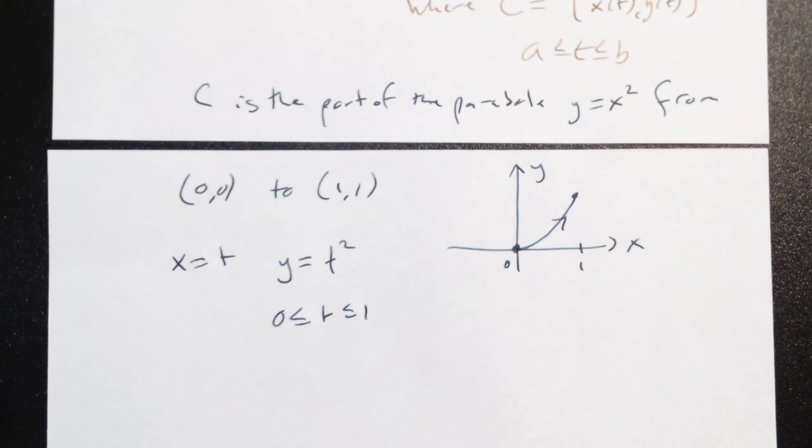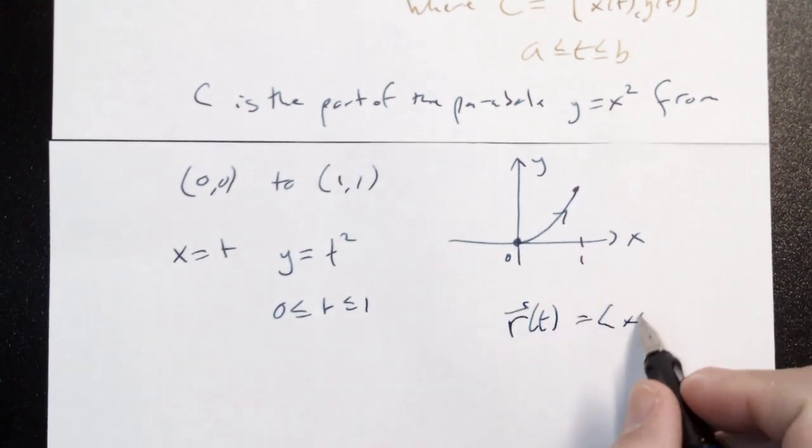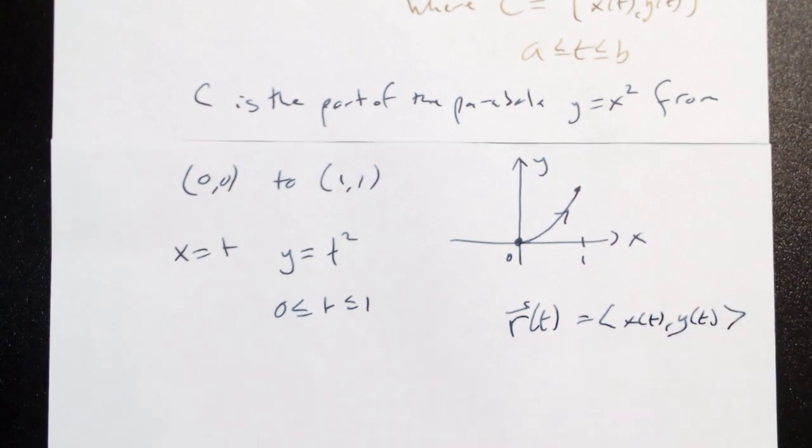We did parametrizations back in chapter 13, where we wrote our equation as r of t. That was what x of t and y of t was, right? Remember, r of t was exactly this description.